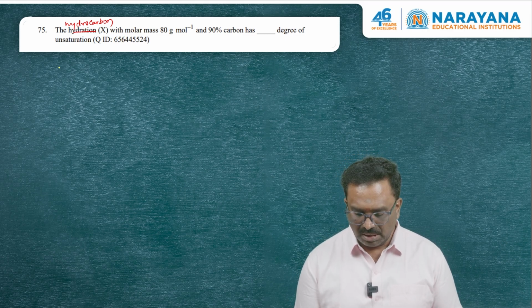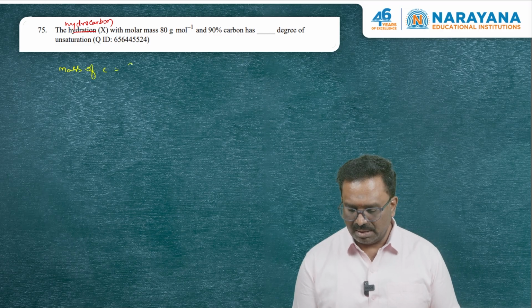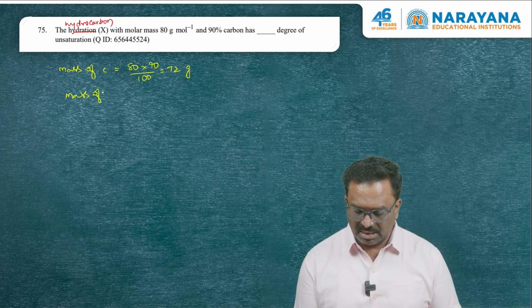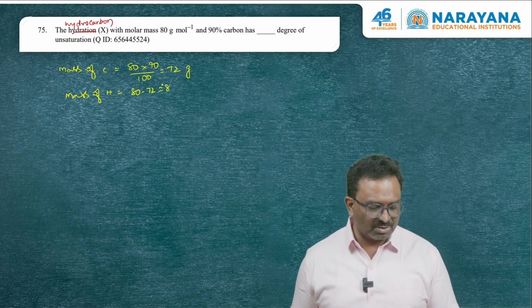That means in 1 mole what is mass of carbon is 80 into 90 by 100. So this is 72 grams is carbon and remaining mass is hydrogen. So what is that? 8 grams is the hydrogen.